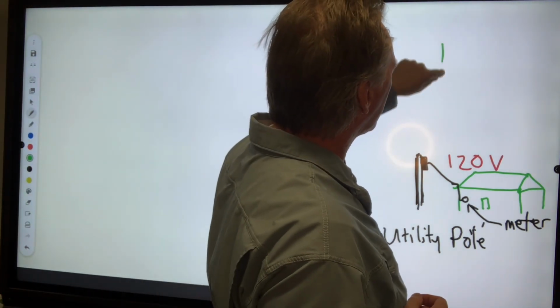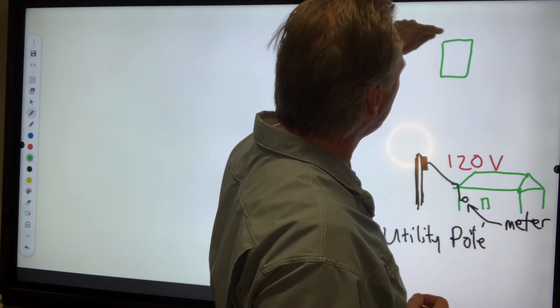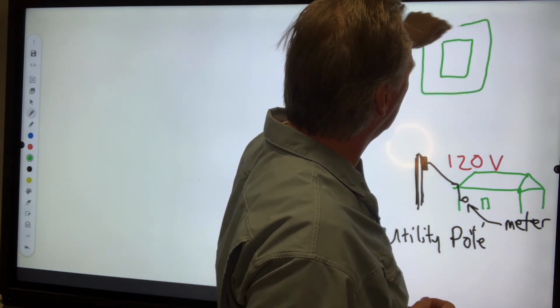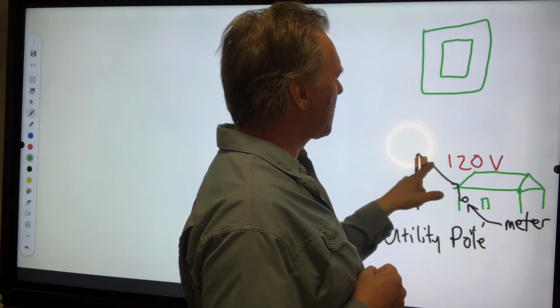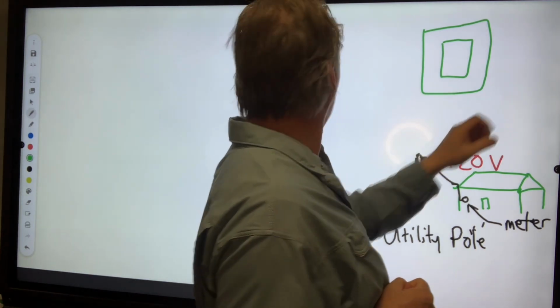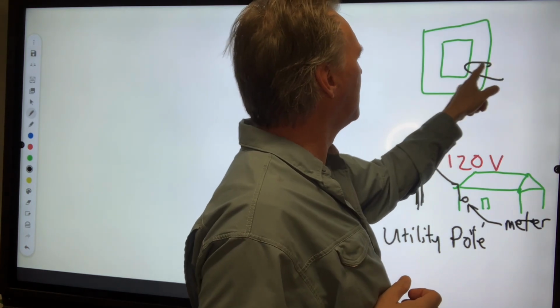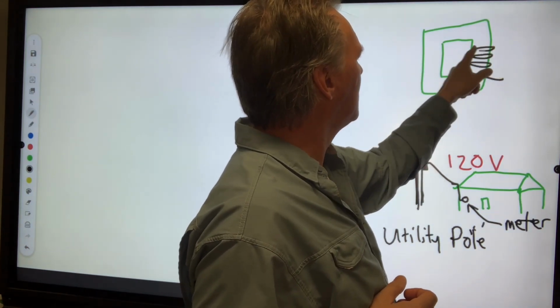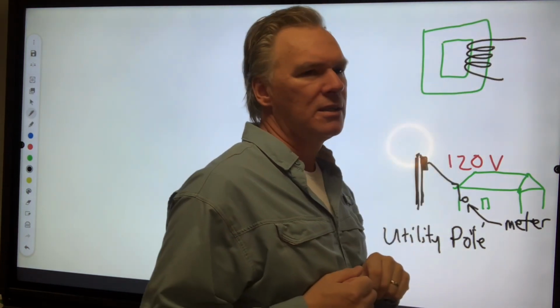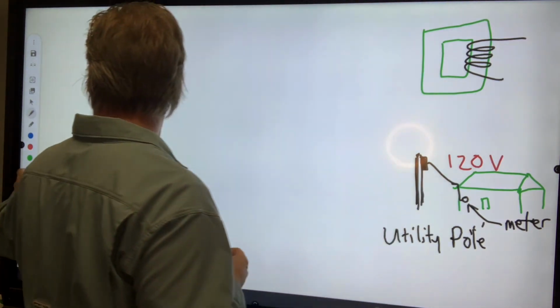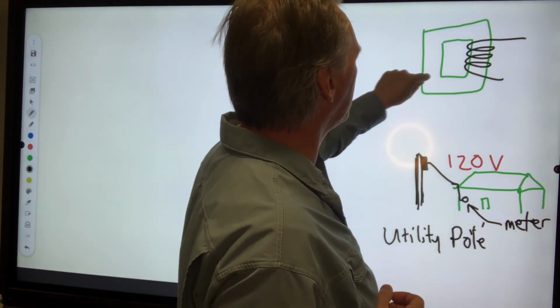There is a kind of a D-shaped piece of metal, and the wires from your house are wrapped around this side. And the wires from the power plant are wrapped around the other side.